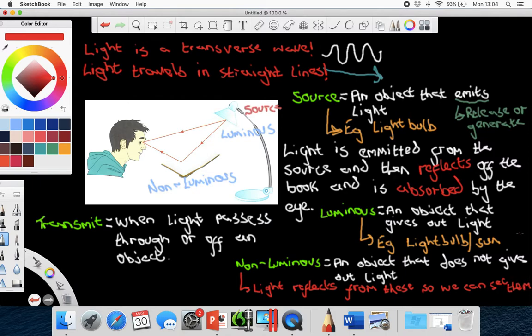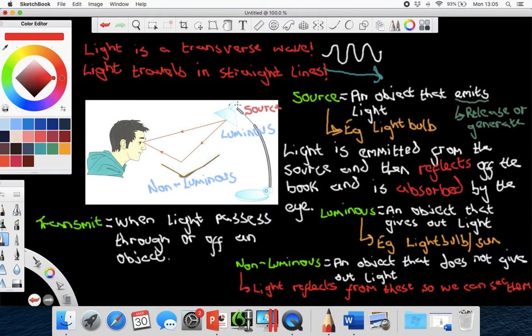Okay? So we've said that light is a transverse wave. It travels in straight lines. It doesn't bend. It only travels in a straight line. We've said that a source is an object that emits light. If it emits, it releases or generates light. This is such as a light bulb, such as here. This is the source. We've said that light is emitted from a source and it then reflects off the book or off an object and is absorbed by the eye.